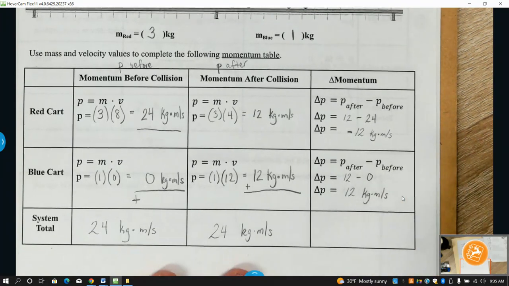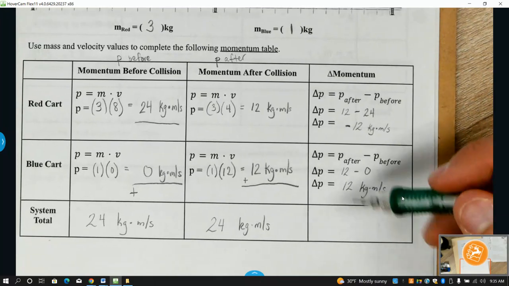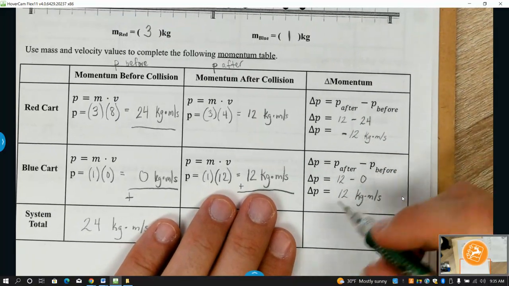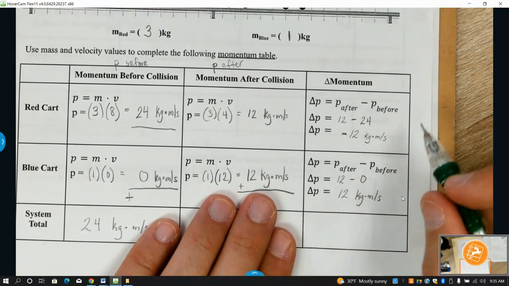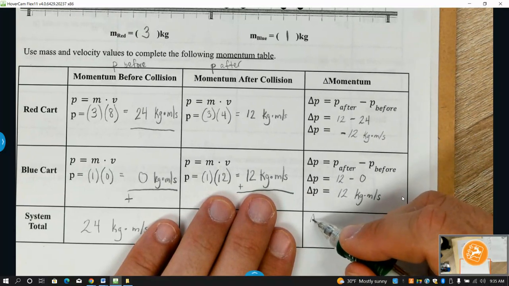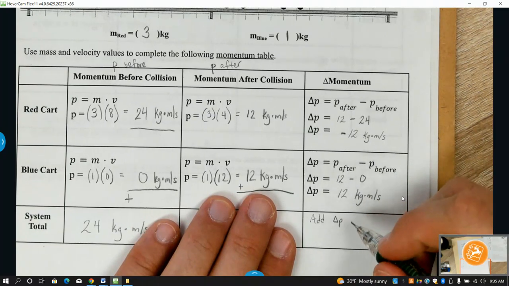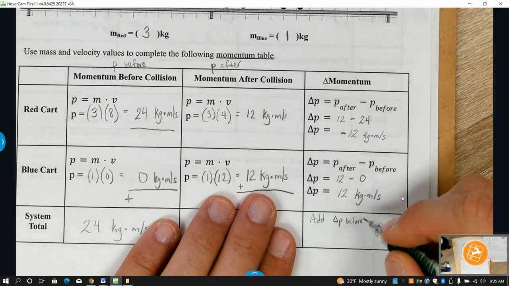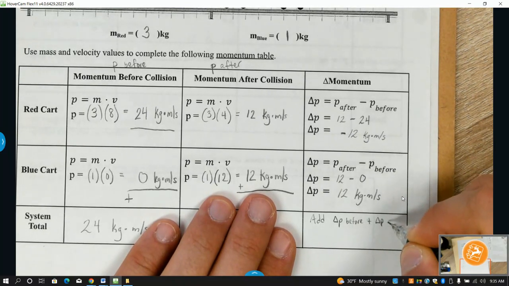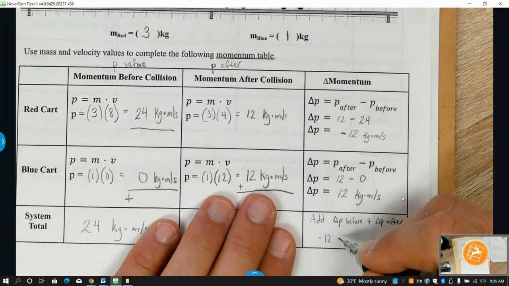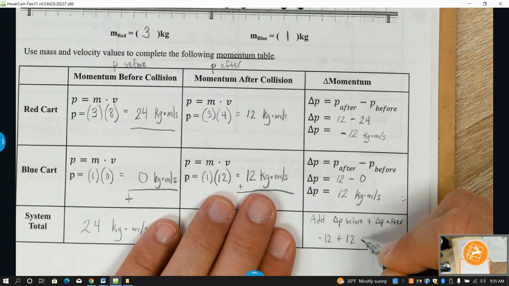And then for the total change in momentum, you add the two. So negative 12 plus 12 equals 0.